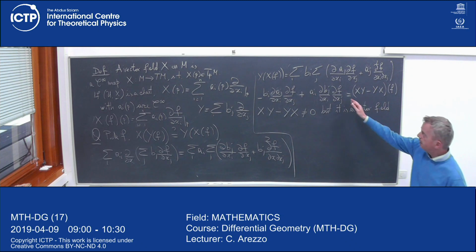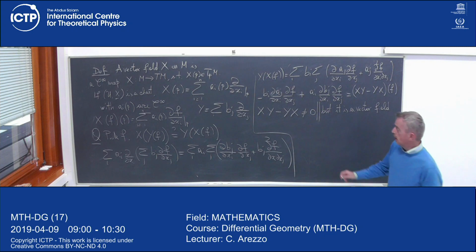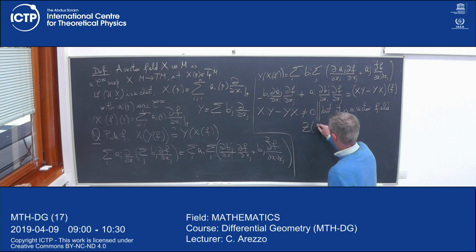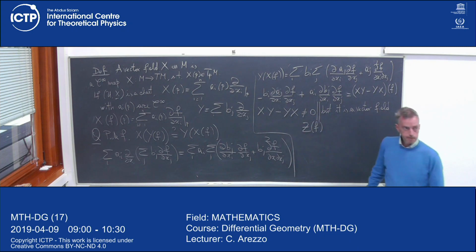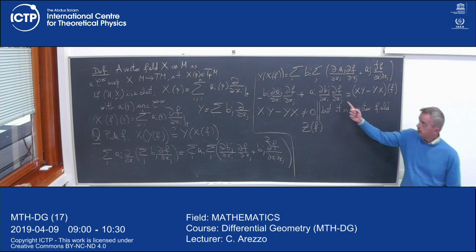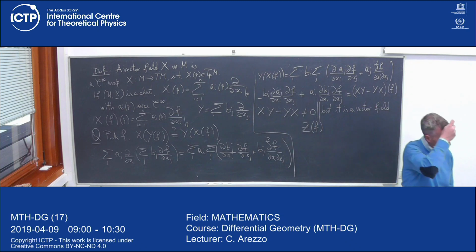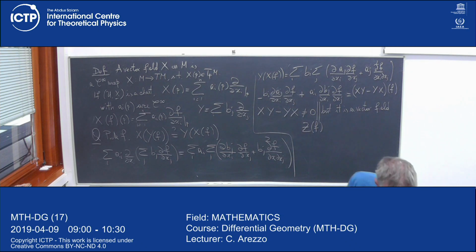I can take this formula and define it, now it's a longer equality here, like z of f. You need to check that this is a tangent vector. But you see, this acts in the right way on functions. So it's a vector. Let's give it a name. This is called the Lie bracket.